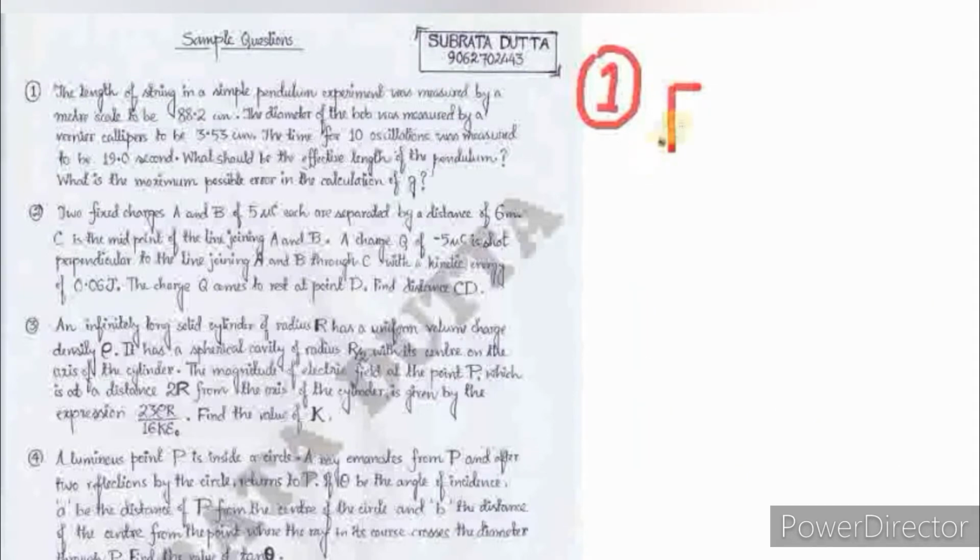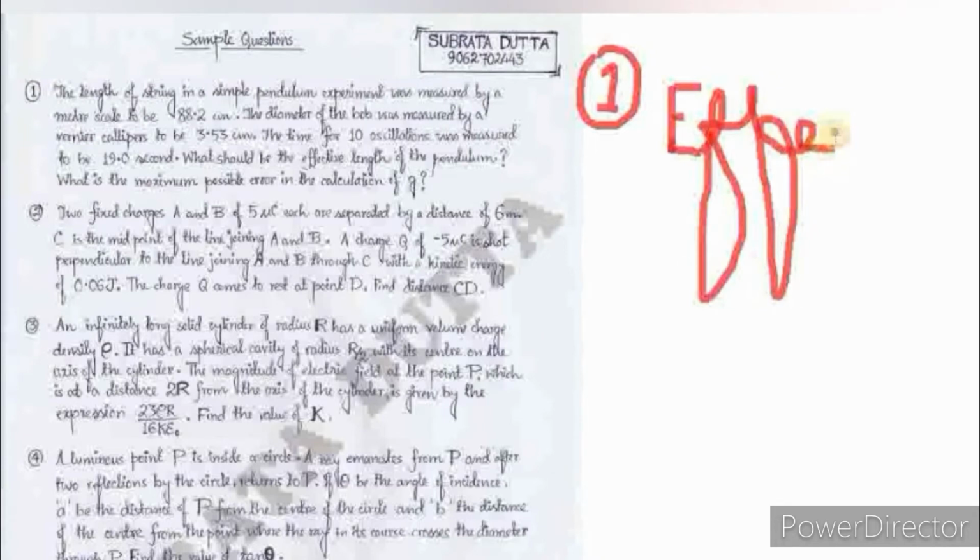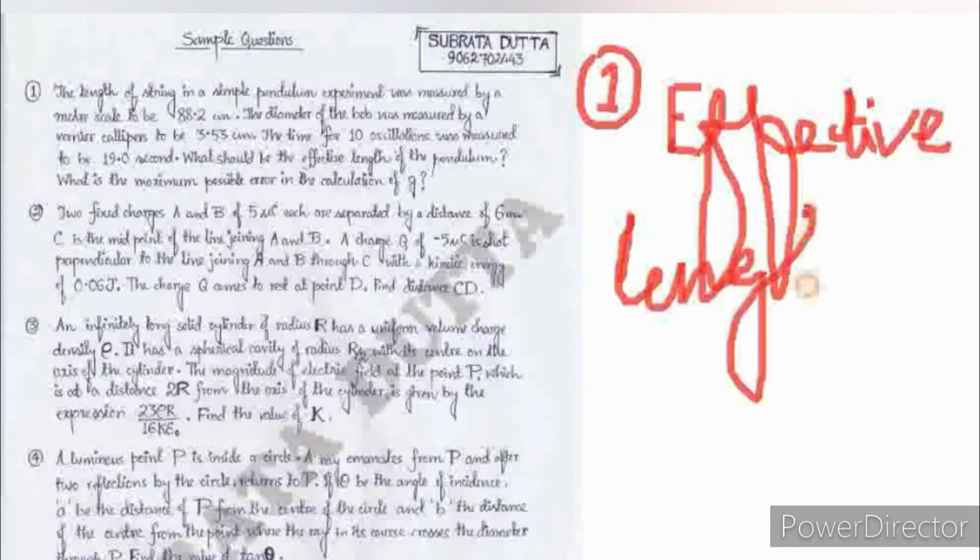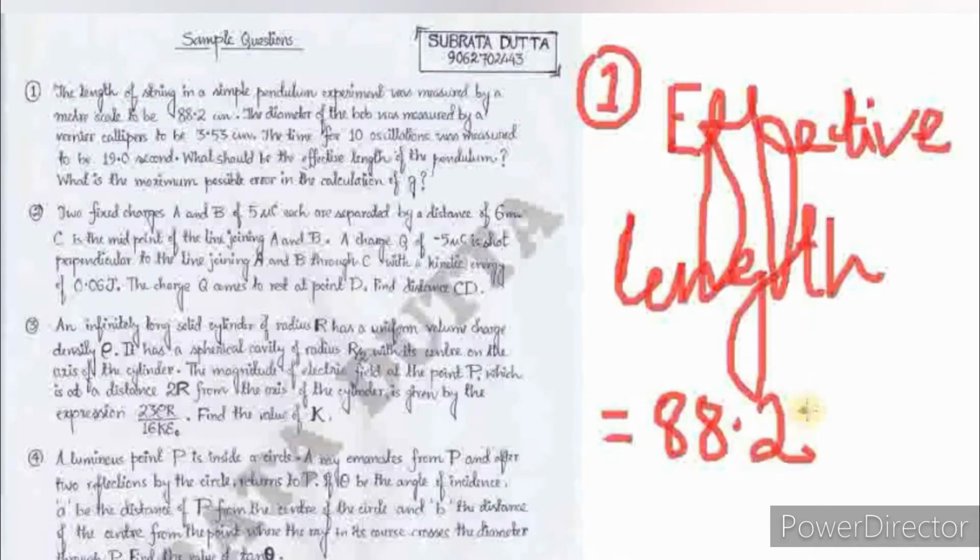Effective length of the simple pendulum can be given as the length of the string plus the radius of the bob, because effective length means the distance of the center of mass of the swinging mass from the fixed point.